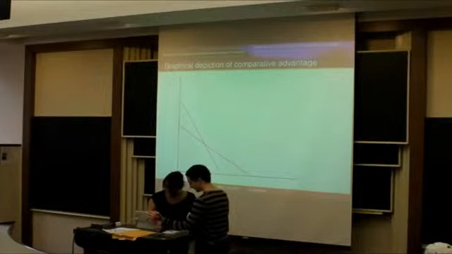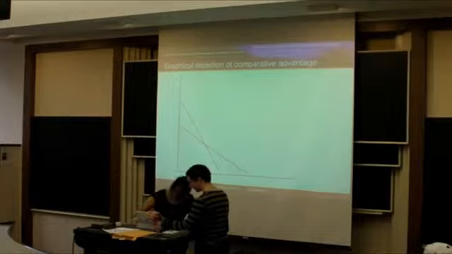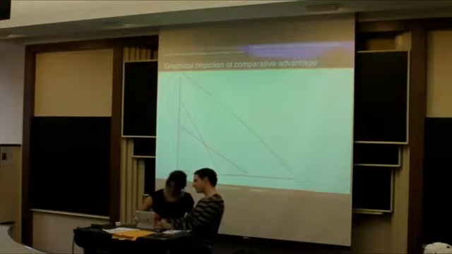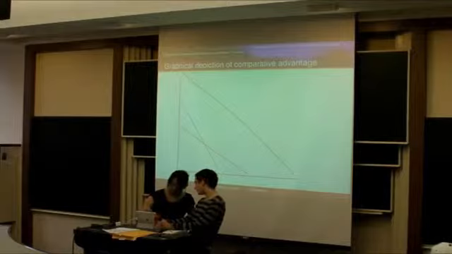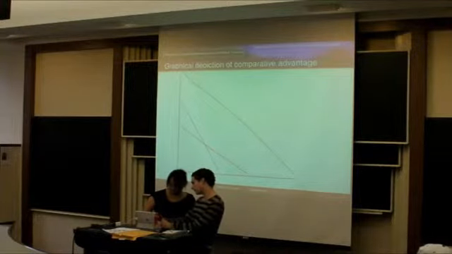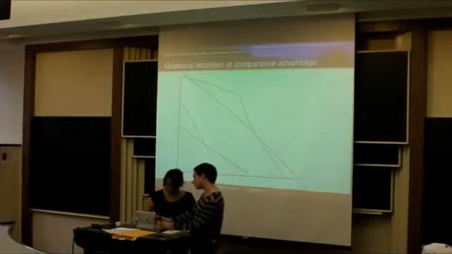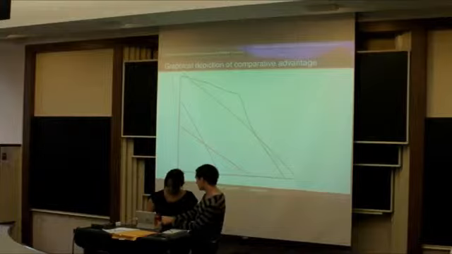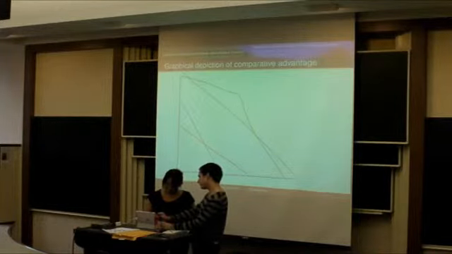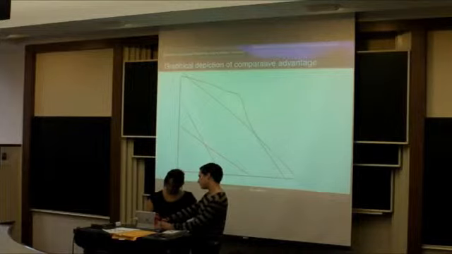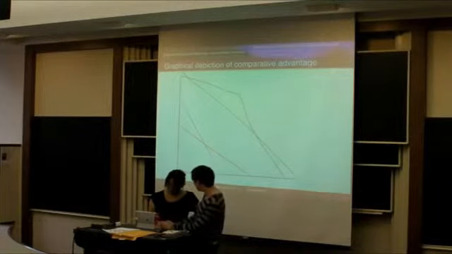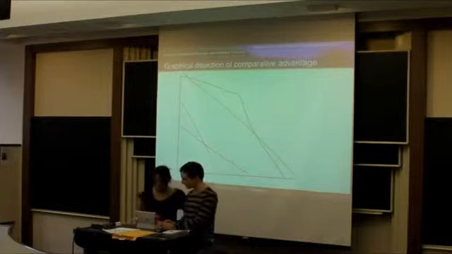And together they would be something like that. Yeah, but it's actually going to be kinked, right? Because you're going to switch at some point from one production to the other, right? So it'll be like that, right? But the thing is, that's much better than what they can get on their own because they'd be going at the same rate of substitution for each one of them, right? And so they do much better taking advantage of the superior efficiency until they have to take advantage of the inferior efficiency. Right? Yeah, great.